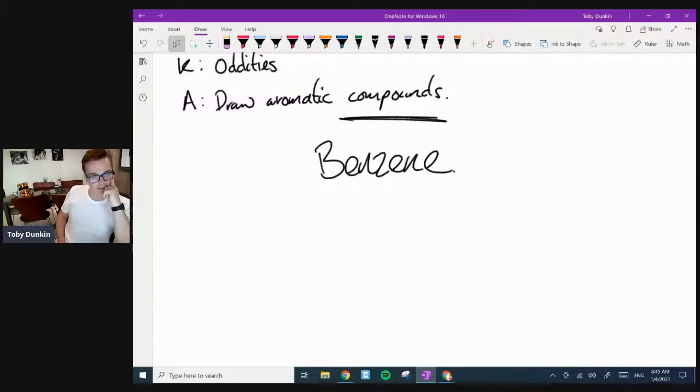My degree was in biochemistry, and one of the things that you learn in biochemistry is just how important benzene is as a structure. The reason being is that your cells have got cell membranes and then your nuclear envelope, and if you're building a drug that's going to have a function in the body or at a cellular level, which most are, then you have to be able to permeate those membranes.